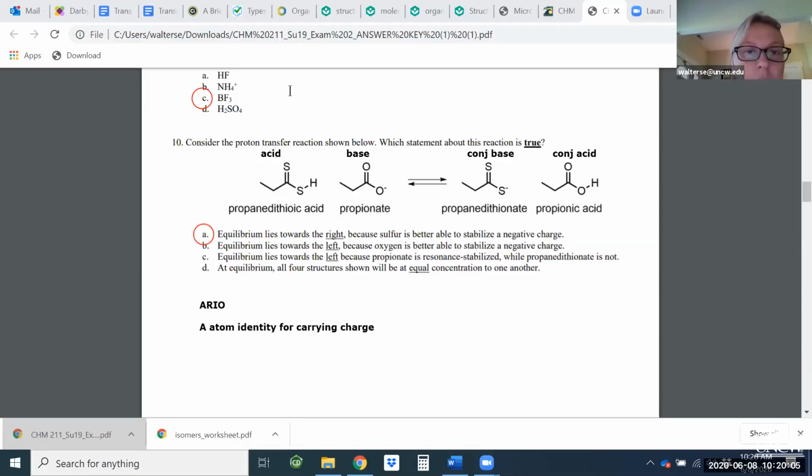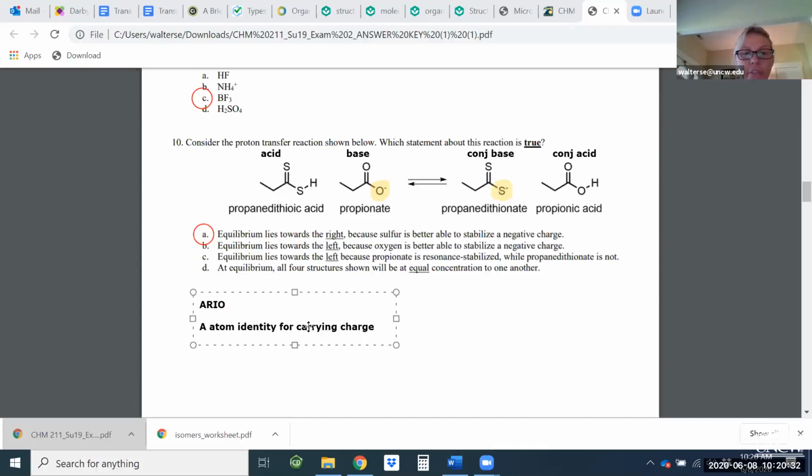So this is a proton transfer reaction. And what we're going to have to compare is essentially base stability. So we have two bases. We have an oxygen base and we have a sulfur base.